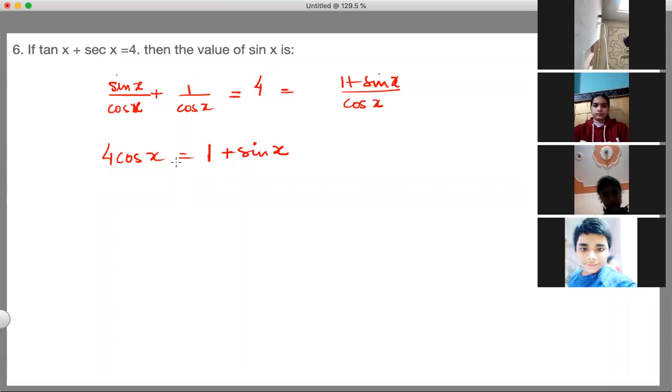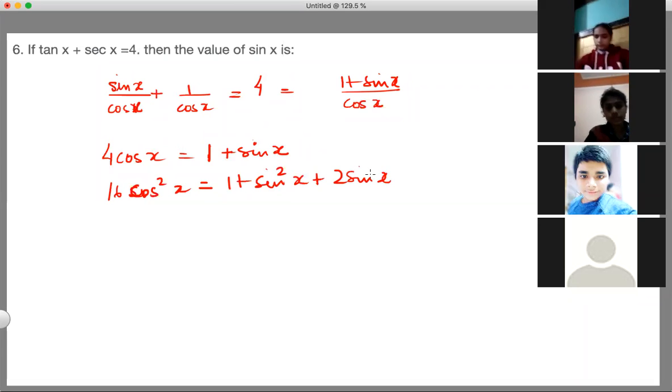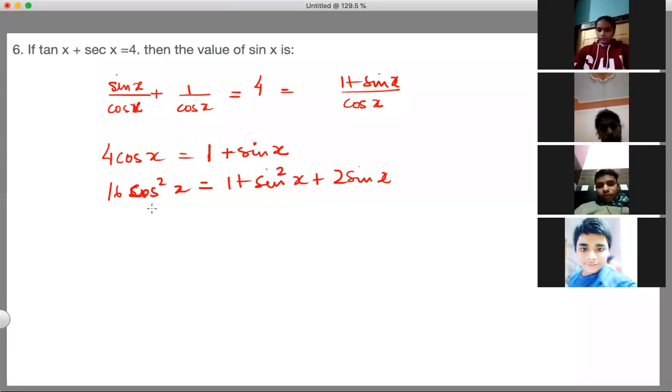ठीक है, तो इस क्वेश्चन में थोड़ा इजी बनाया गया हमारे लिए कि ऑलरेडी वन इज हियर, सो इट्स इजी. ओके, सो वी विल डू 16 cos square x is equal to 1 plus sin square x plus 2 sin x, right?